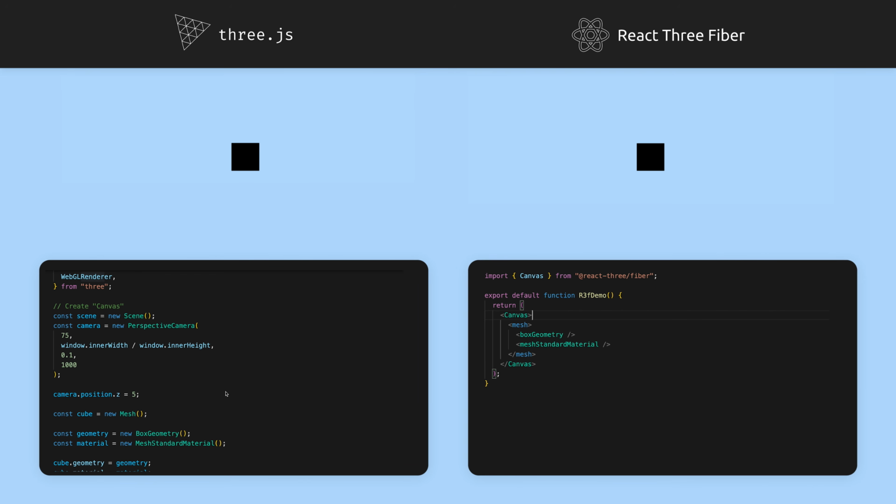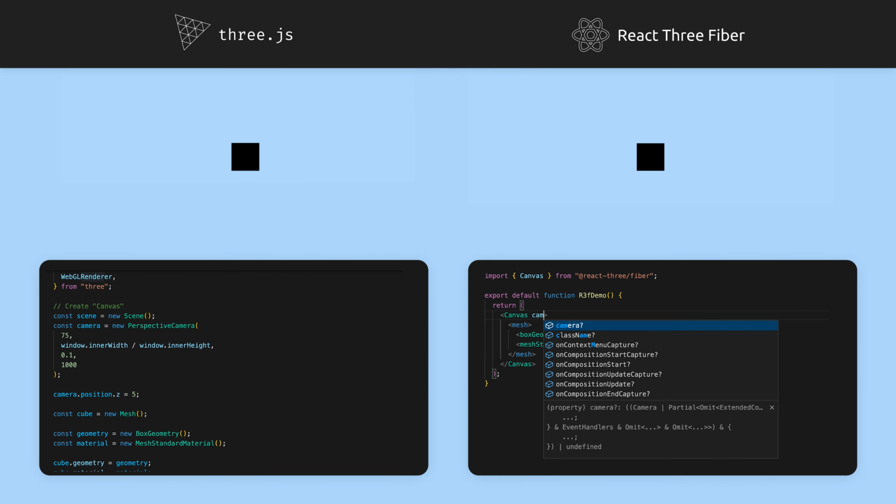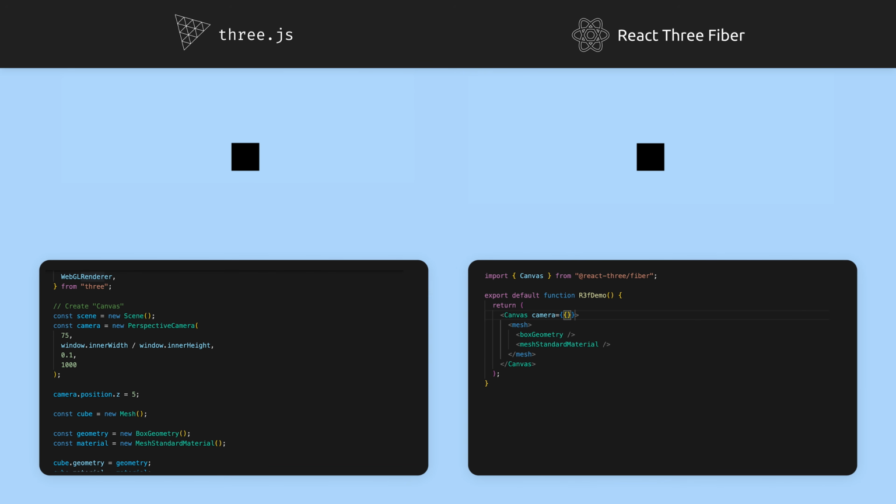And if you're wondering, well, what if I want to manage the camera myself? No problem. There's actually a couple options. Number one, you can manage it through a prop on the canvas. You can go camera, and then these are props passed to that camera. So for example, you could set the position, and by default we have 0, 0, and 5, which is matching what we have here, which is camera position Z5.